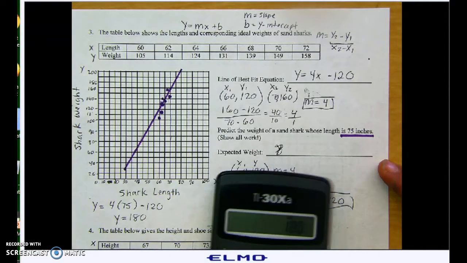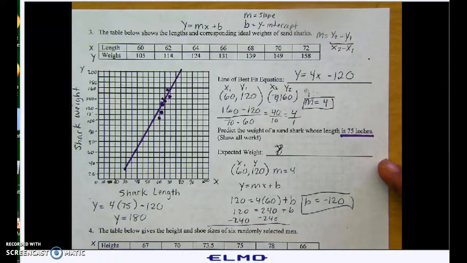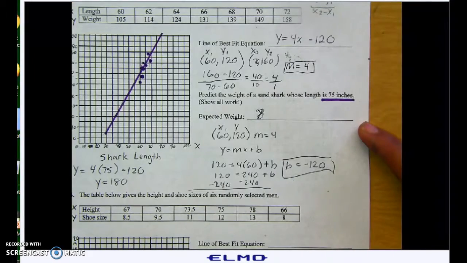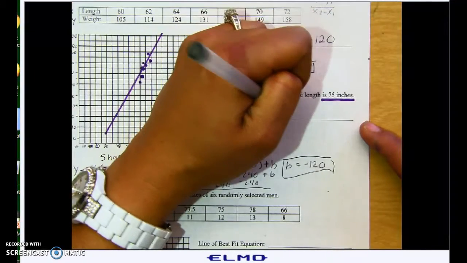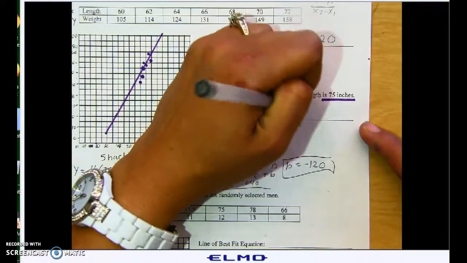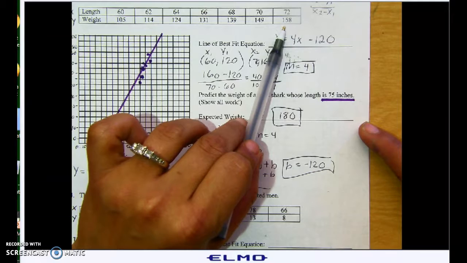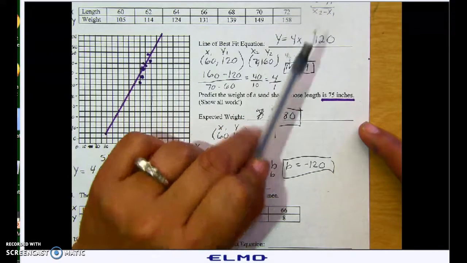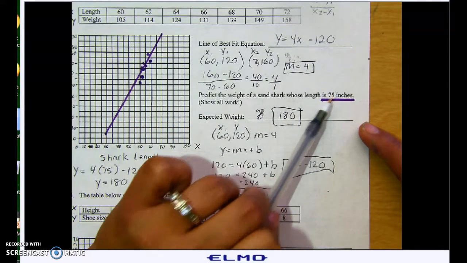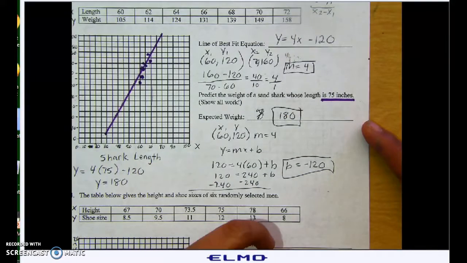So the weight for 75 inches is going to be 180. Let's see if that is realistic. 72 inches is 158. So if I had more inches, 75, the weight would be 180.